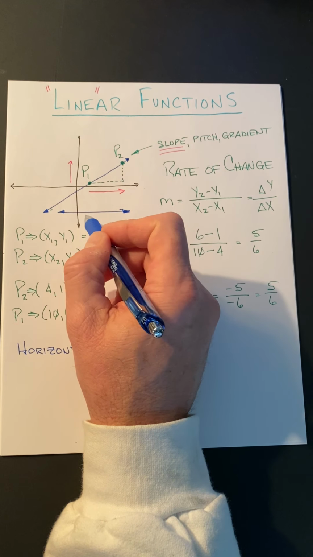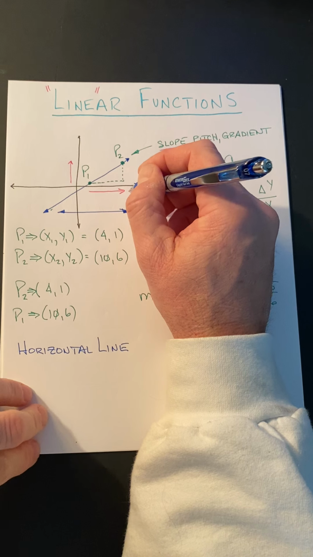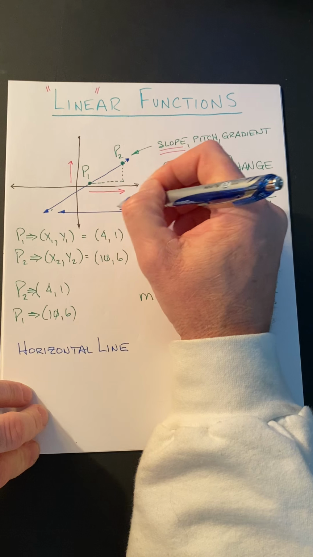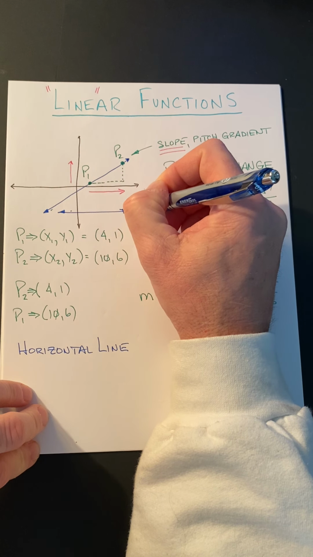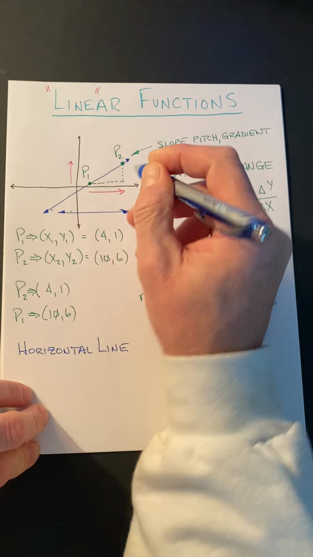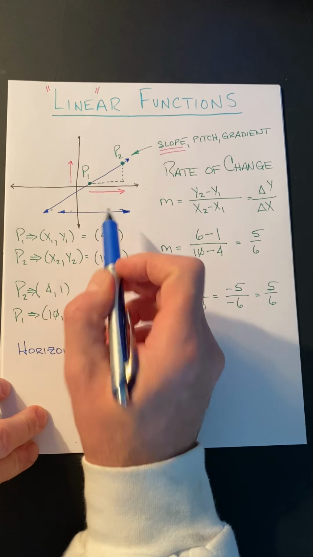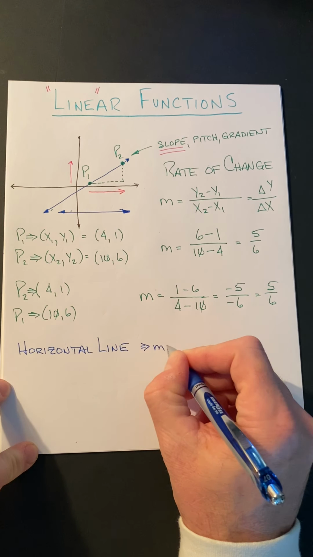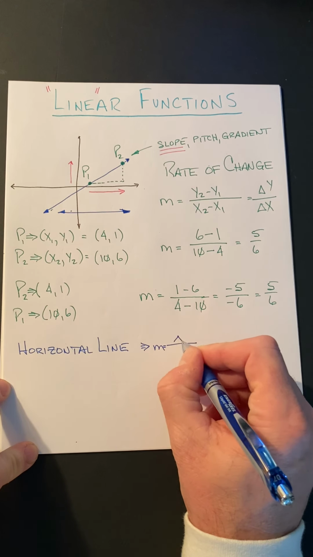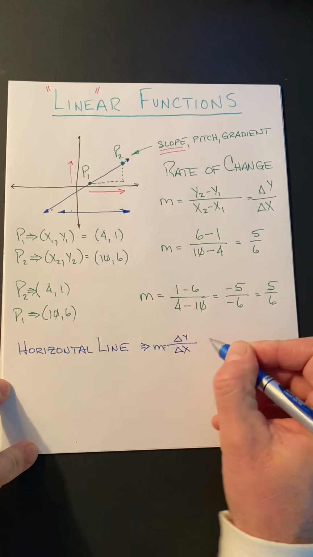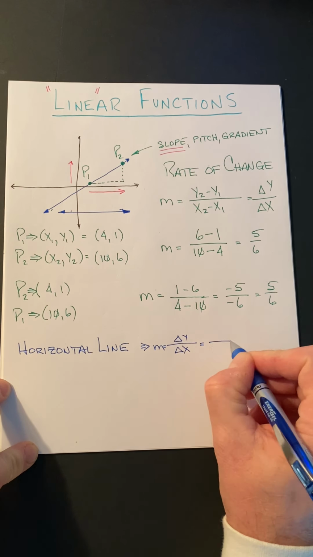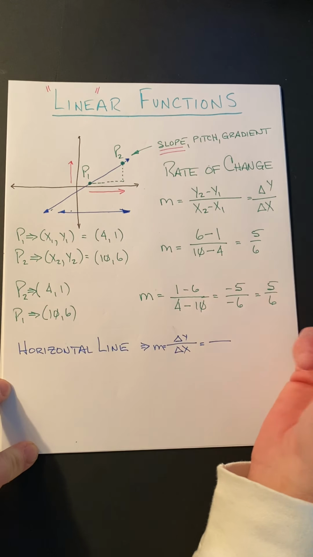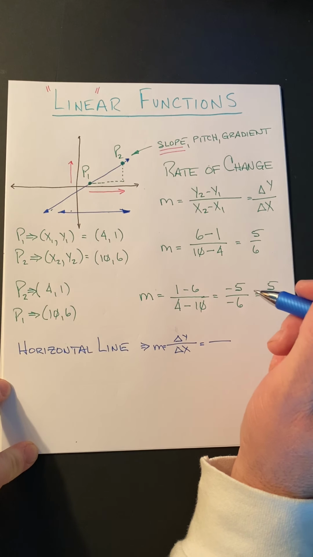So that means for a horizontal line, this distance down to the line, right, is going to be the same y at every point, isn't it? Y is always the same. The only change I have is x. So if I look at my slope in terms of the change in y over the change in x, well, if y is the same everywhere along there, I'm going to be subtracting a value from itself.